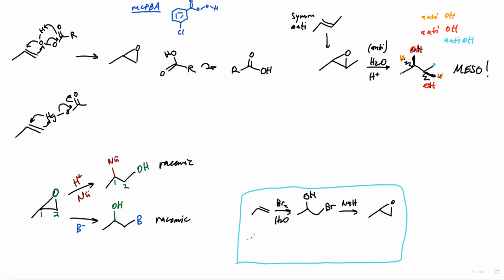Really, the time you would want to use this alternative synthesis is if your molecule cannot tolerate mCPBA. So this might seem really confusing. What I'm basically saying is that some molecules are sensitive to the acid you form or the peroxide itself.